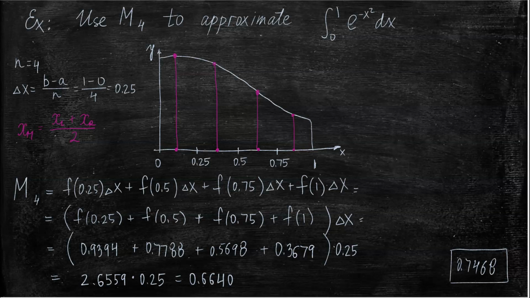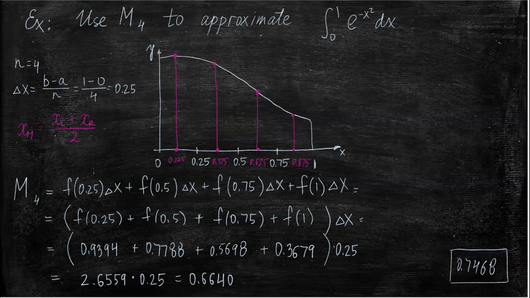So the first midpoint will be 0.125. The next midpoint will be 0.375. The next midpoint will be 0.625, and the last midpoint will be 0.875.